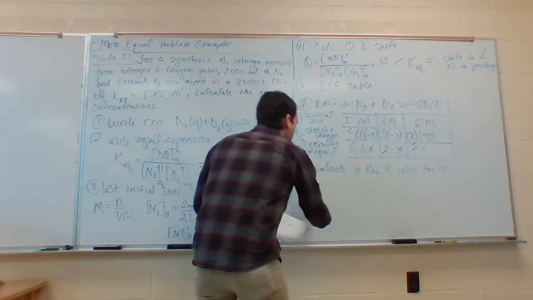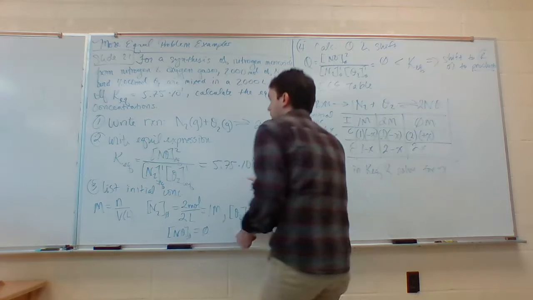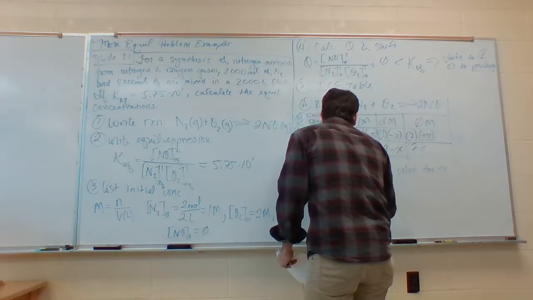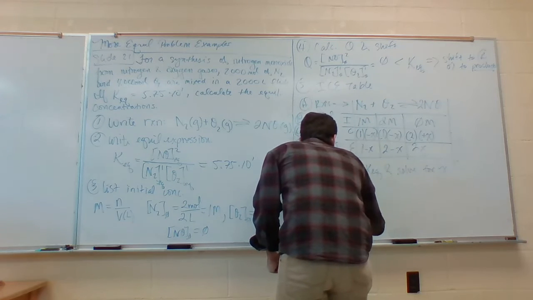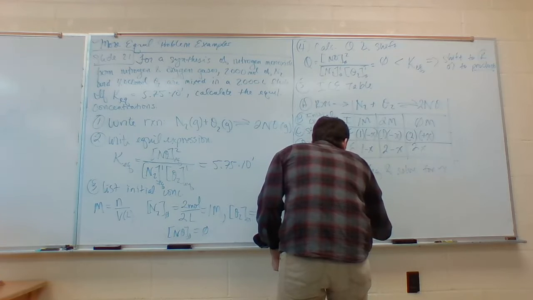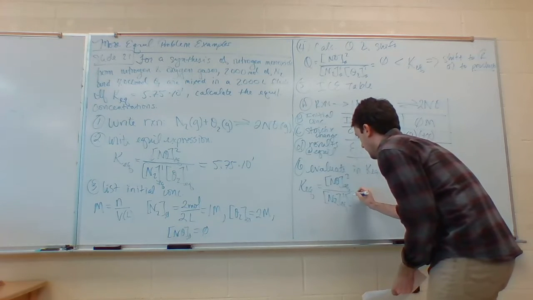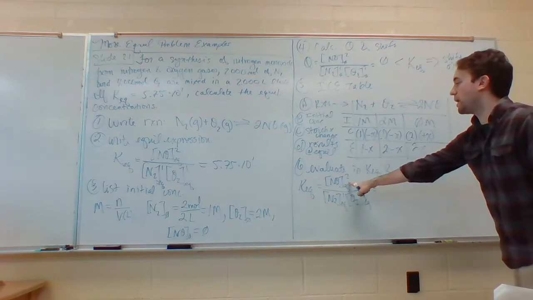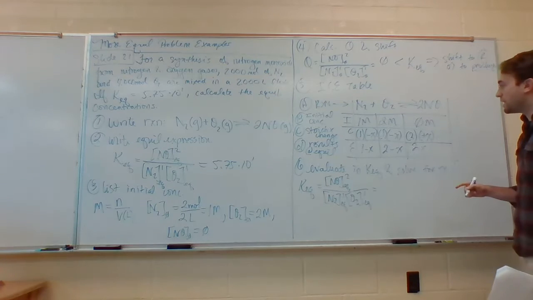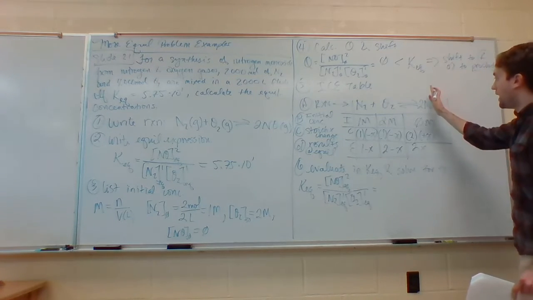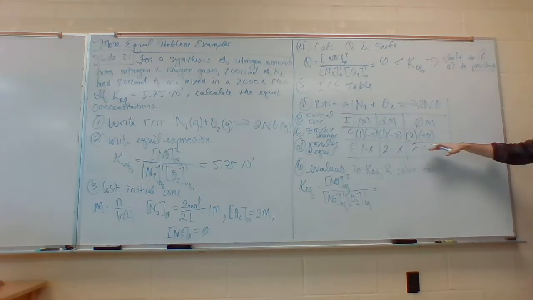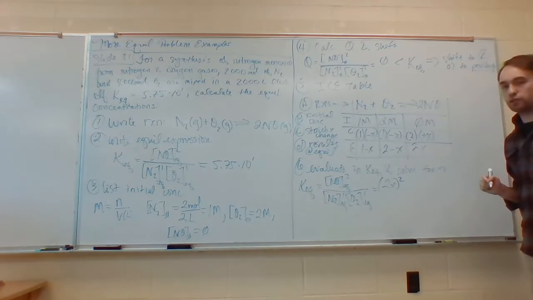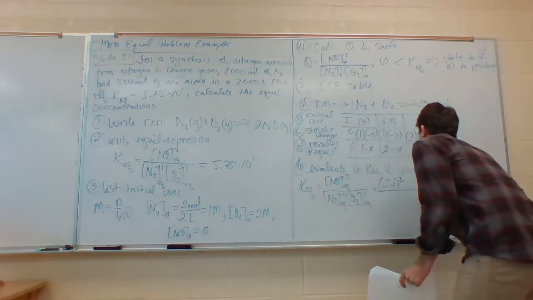Okay, so we know that KEQ is equal to our concentration of NO at equilibrium squared over my concentration of N2 at equilibrium to the first, and my concentration of O2 at equilibrium to the first. I know that I want my concentration of NO at equilibrium, so I'm in my NO column, and I'm in my equilibrium row, that is 2x, and I raise it to my stoichiometric coefficient of 2, all right?